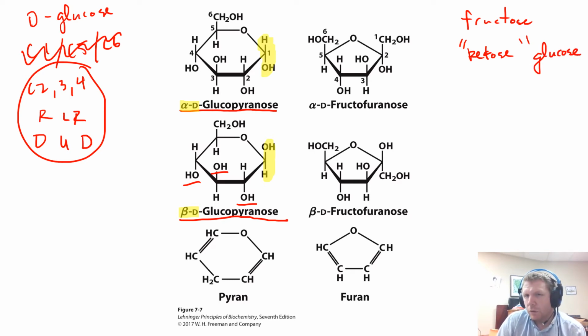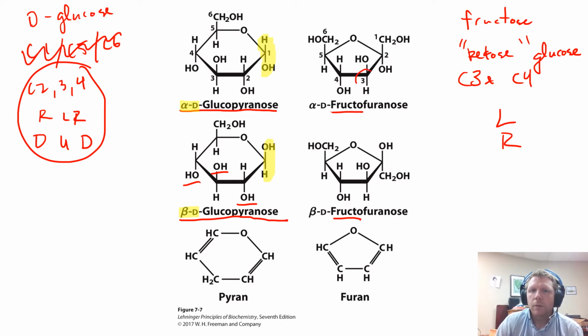And for this, we only had to worry about carbons 3 and 4, C3 and C4. Now, if you remember, for carbon 3 and carbon 4, it was a left-right designation. Now, let's look at the cyclization that has taken place to make fructopyranose.